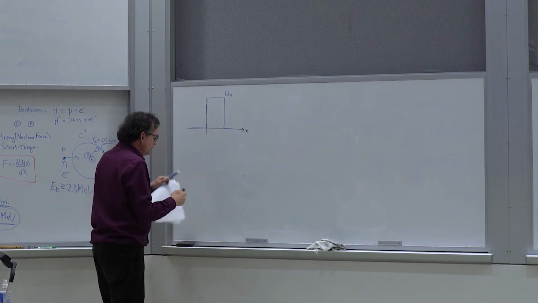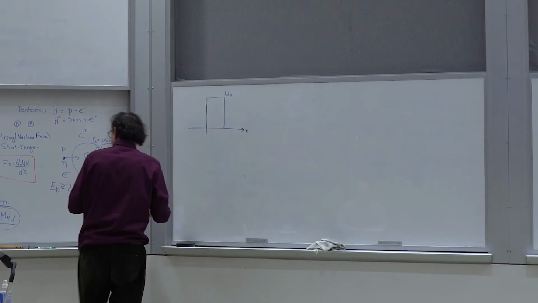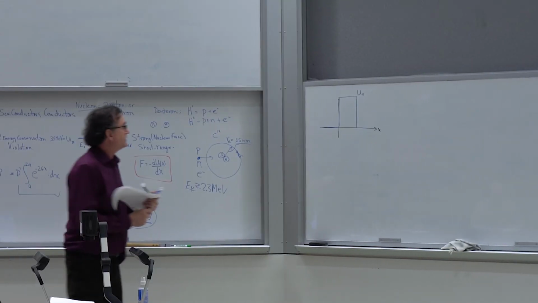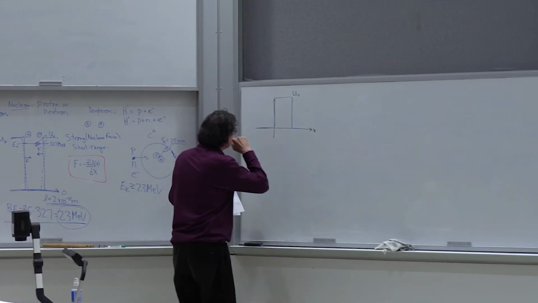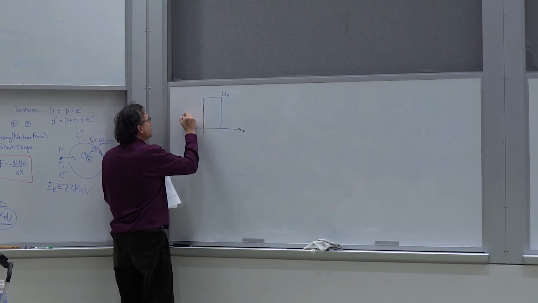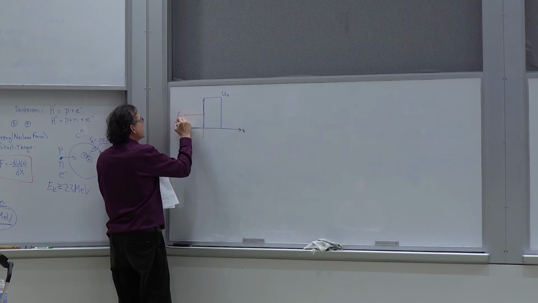And now I'm going to take a particle that has a total energy E, which is less than the potential barrier, such as we did with the ball going up the hill. And I have a total energy E coming in here. This is the energy of the particle, and this is 1/2 mv squared.